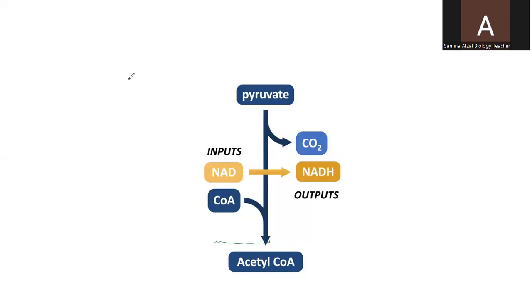Decarboxylation takes place, as a result of which carbon dioxide is released, and NAD is reduced to NADH. Coenzyme A is added, the pyruvate is changed into acetate, and then coenzyme A combines with it to form acetyl-CoA. So acetyl coenzyme A is produced at the end of this reaction.